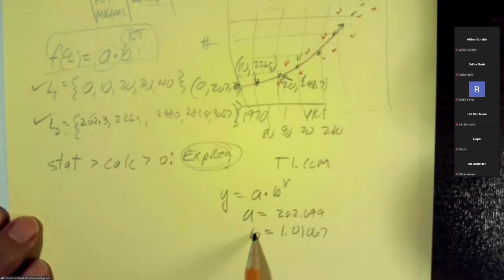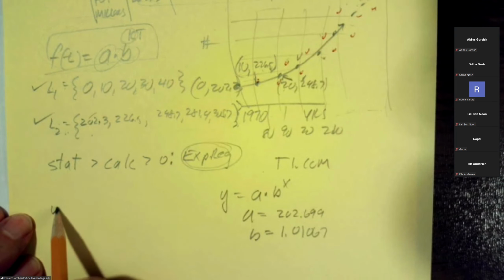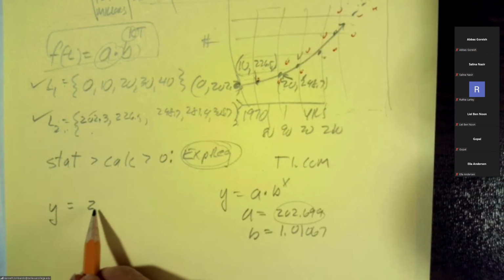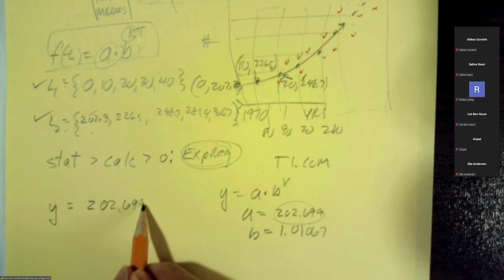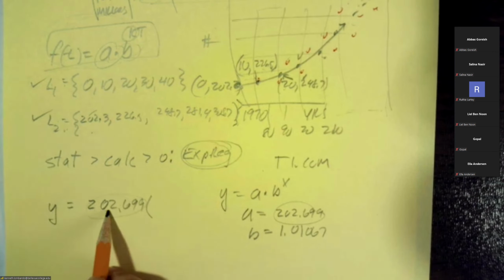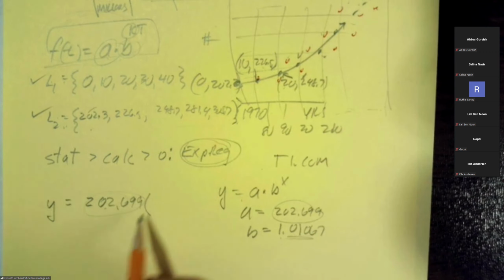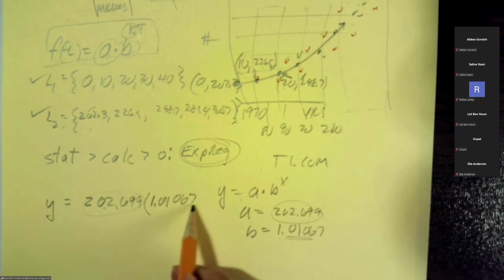So now I have an exponential equation that I can set up that looks like y equals the original value here, 202.699. That's the value out here for A. The base I'm using is this value here given to me by the calculator, 1.01067.